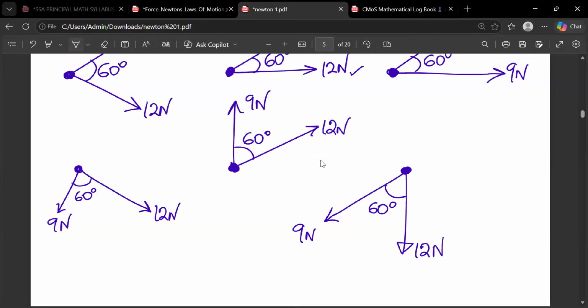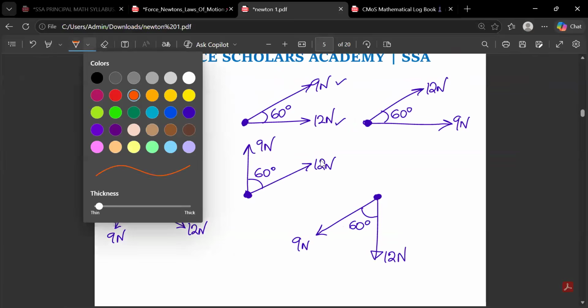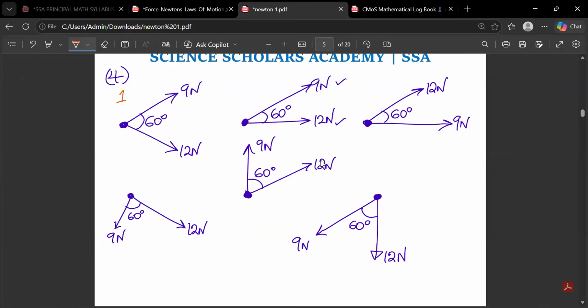Different students will be seeing these things in different ways. Are you seeing that? But now, let's label these things. This one is the first one. This one is the second. This one is the third. This one is the fourth. This one is the fifth. And this one is the sixth. If I want you to be honest, which one really looks nice?